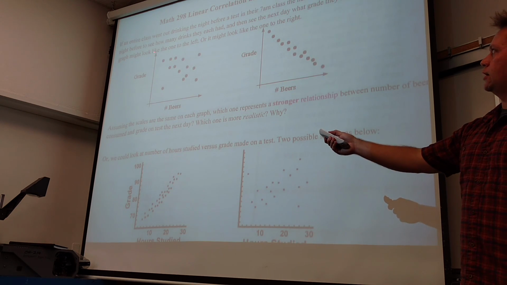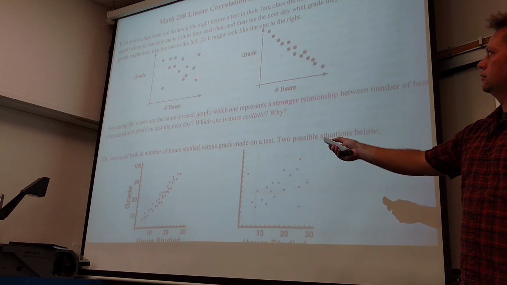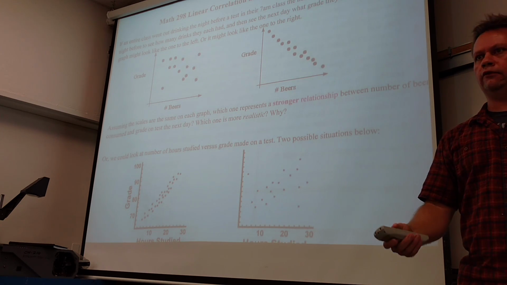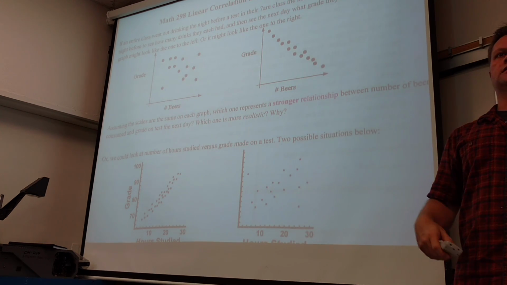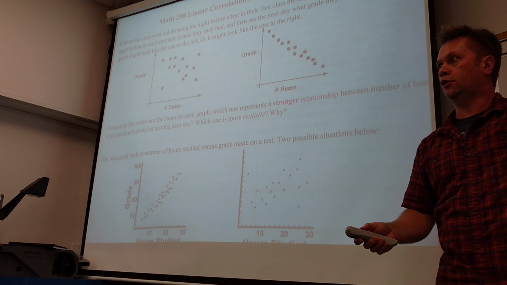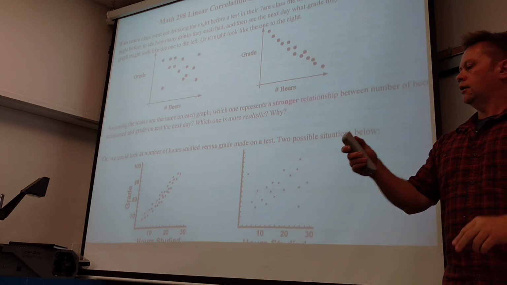Now tell me this, if I drew a line in, it would be sort of like this. Would that line have a positive or a negative slope? Negative. So the correlation would be negative, which means as one of these things increases, the other one decreases. That's what a negative correlation means. It actually means there will be a negative slope. I like it.